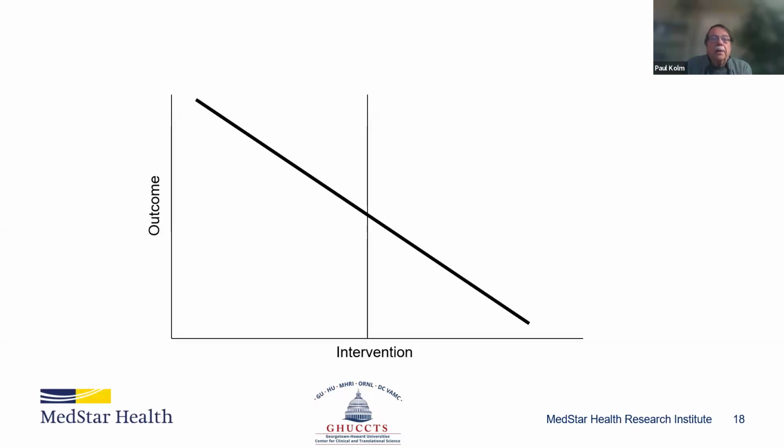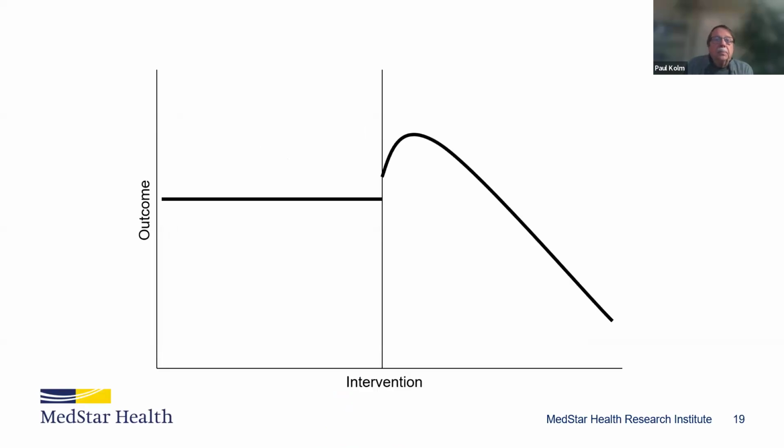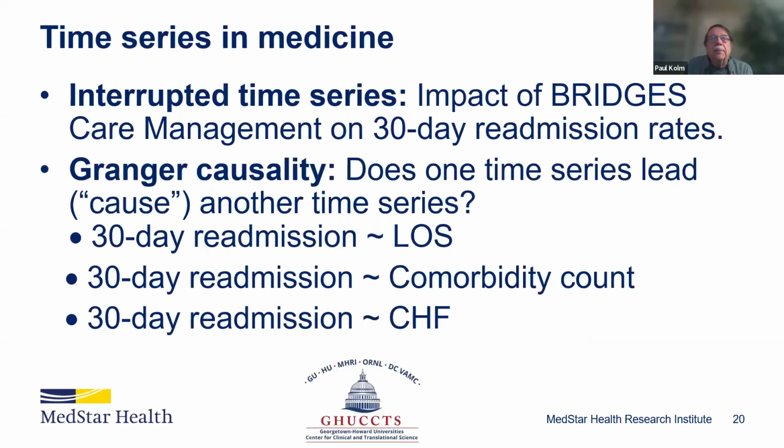So we could conclude that our intervention had no effect in this case. We might get something like this, where there is an effect, but then the effect dies out over time. We'll look at a couple more of these later on.